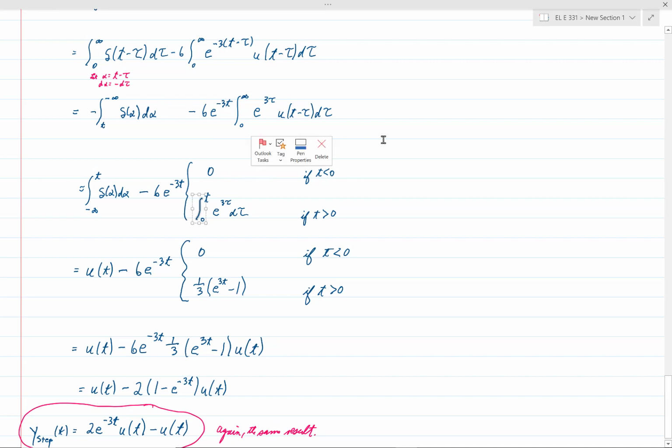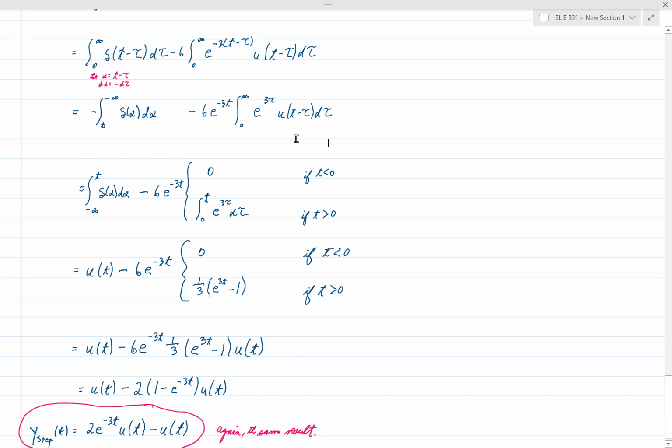And the way this will go is the following. We're going to, as usual, break it up into t less than 0 and t greater than 0, and let's see why we will do that. Well, we have to think carefully about this u of t minus tau.